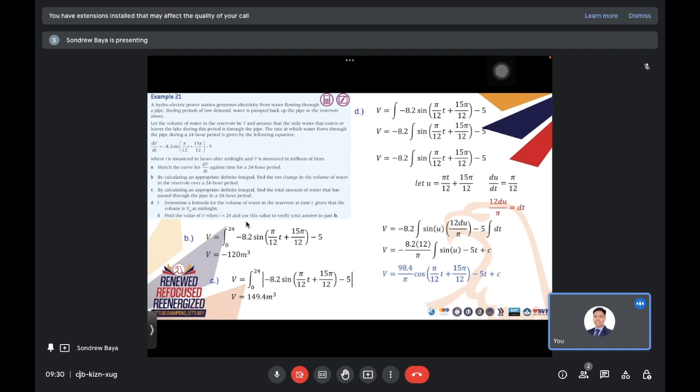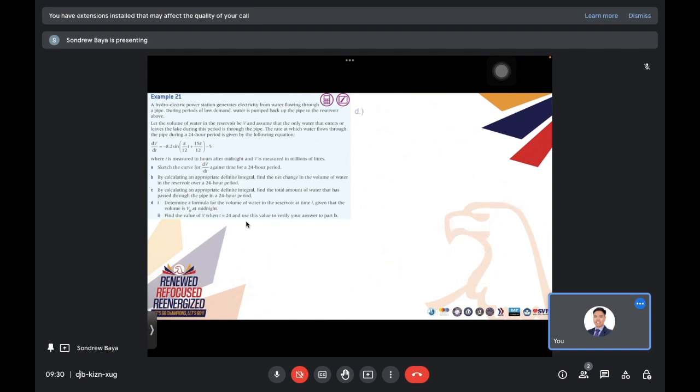But this is still general because we have a plus c. So we need to solve for the c. To solve for the c, we need specific values of volume and time. Here it's given that the volume is V sub 0, the initial volume, at midnight.